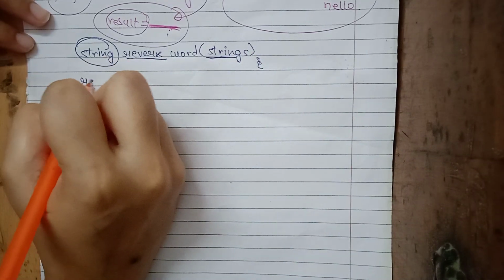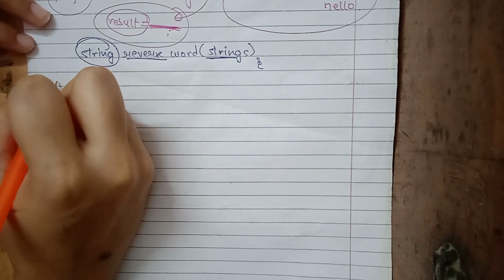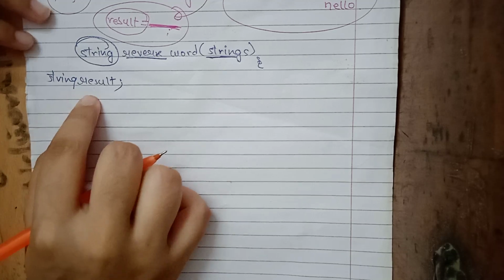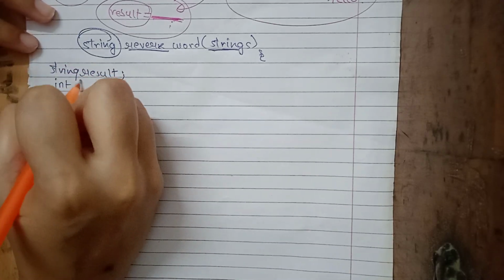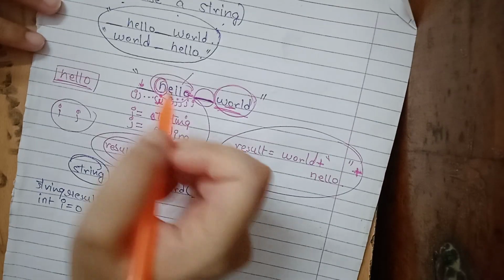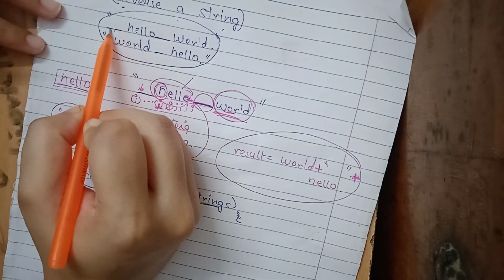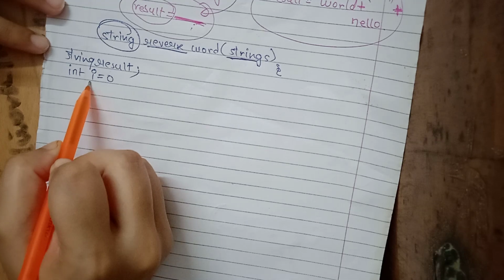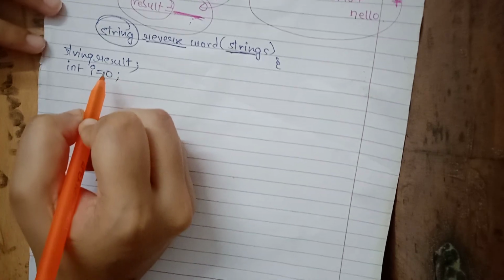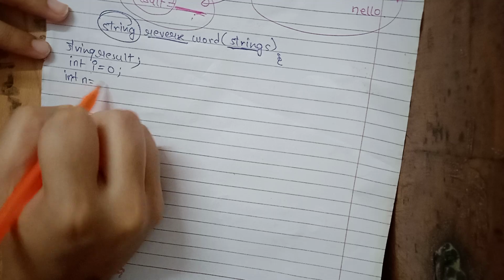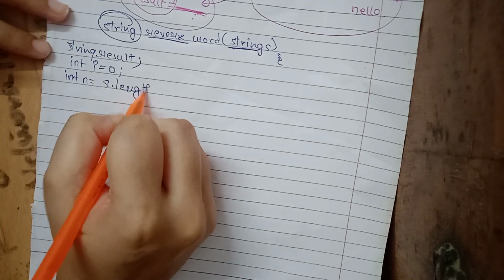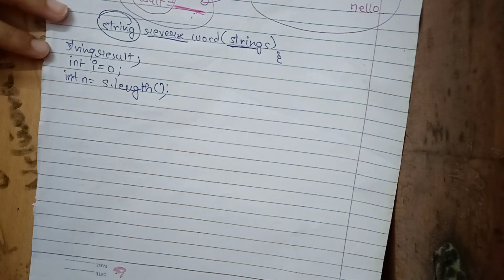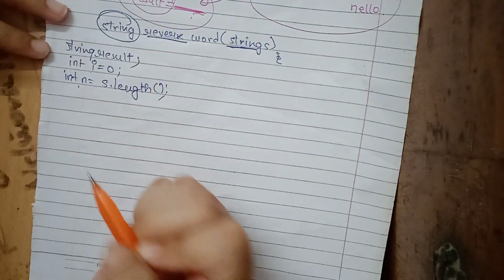Now I will make a result which is also a string type, and this will return the final result. int i equals to 0, because I have to start from the starting location. That's why I initialize my one pointer i equals to 0. Now int n equals to s dot length. It means that whatever length I have, my string length is equal to n.